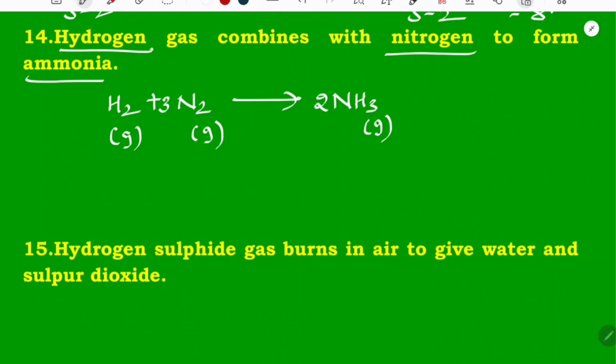Here 3. Sorry. We can keep 3. Okay. So what type of reaction is this? Combination reaction.